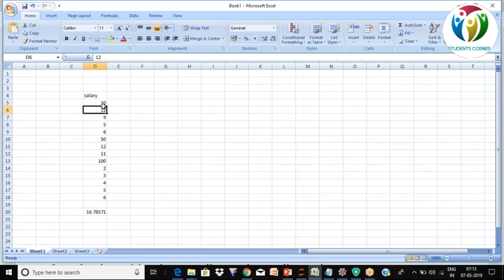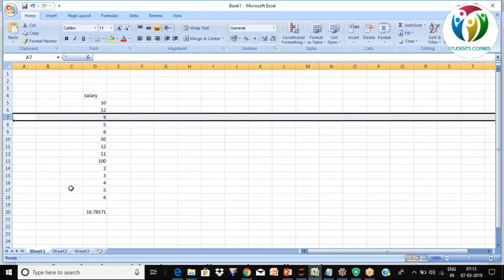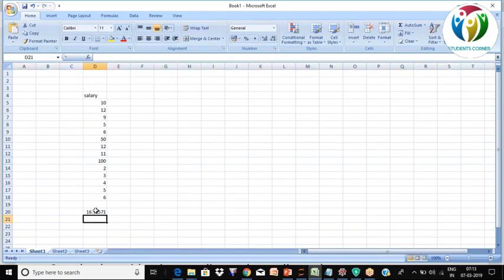See, most of the values are below 16. So if every employee is earning 16.78, we see that most of the rows are below 16. What is causing this issue is that there are some outliers in the data.